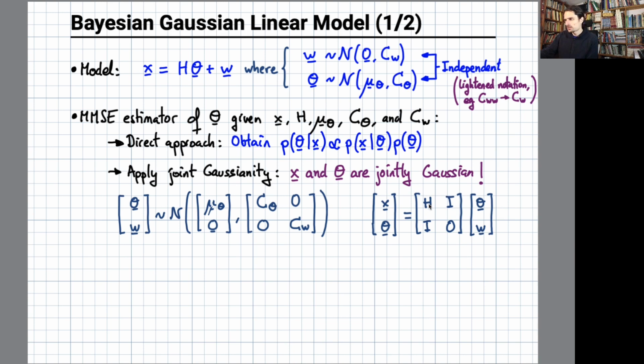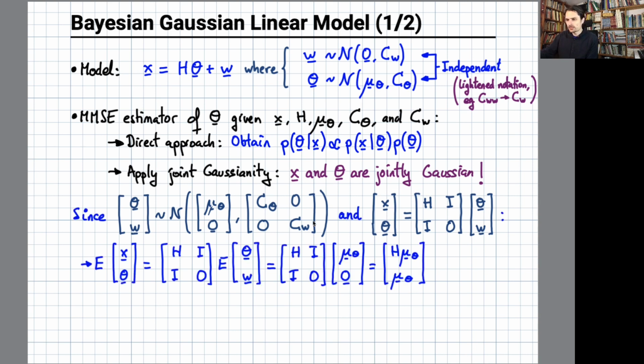And since a linear function of a Gaussian vector is also a Gaussian vector, then it follows that x and theta are jointly Gaussian. So to find the joint distribution, as we know, we just need to find the mean and the covariance of this vector, okay?